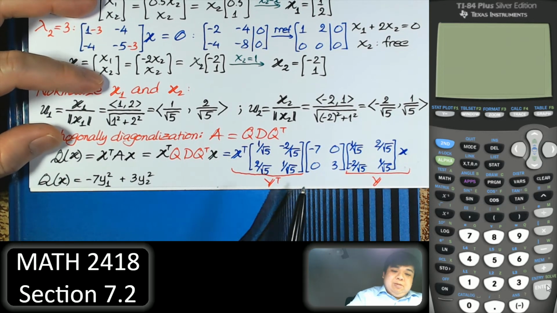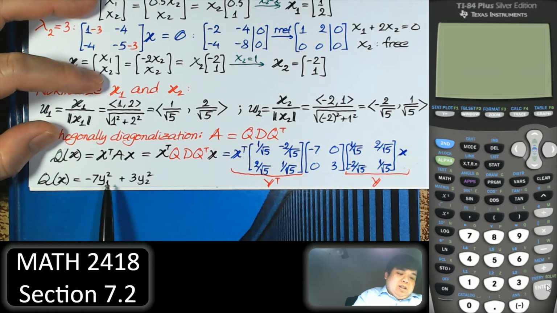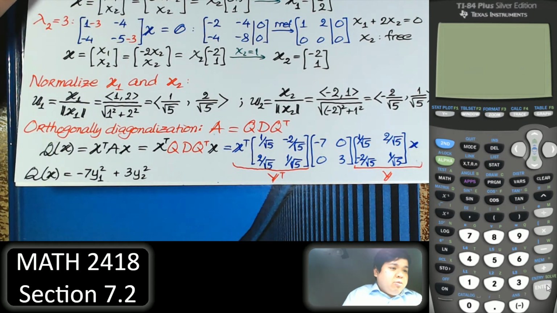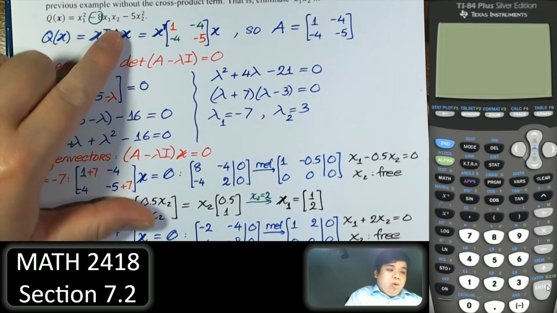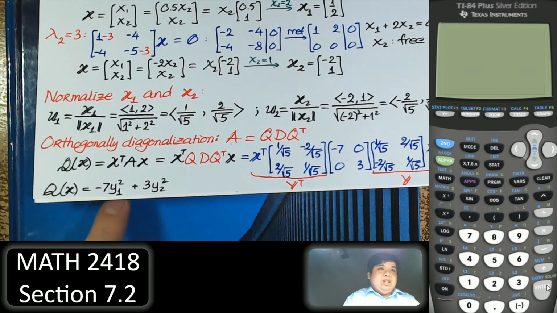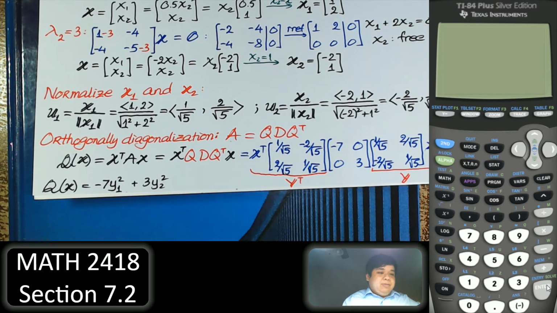Right. So I'm just going to write the quadratic form corresponding to that. Of course, in the process of doing that, we reduce the cross product term of x1, x2. Now we just have the squares here.